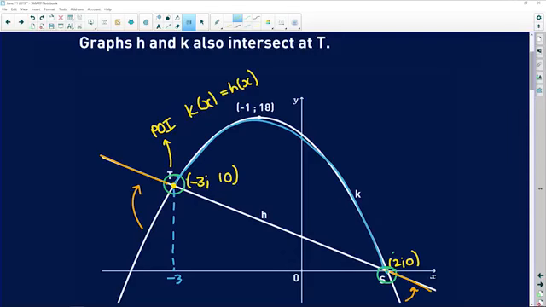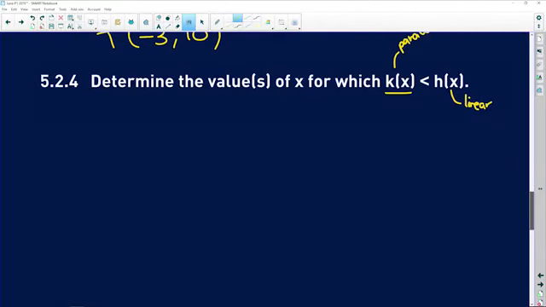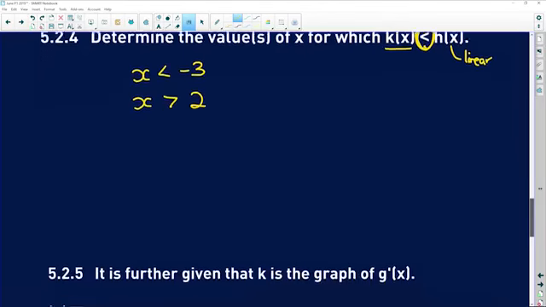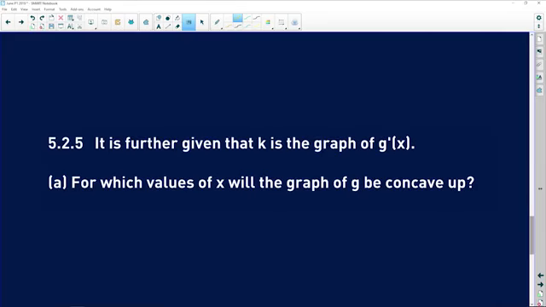So x needs to be less than negative 3, and x needs to be greater than 2. Okay, and we don't put in equals because there was no equals over here. We don't include the points of intersection. It's just less than or greater than. Okay, so that's where the parabola sits above or below the linear function.